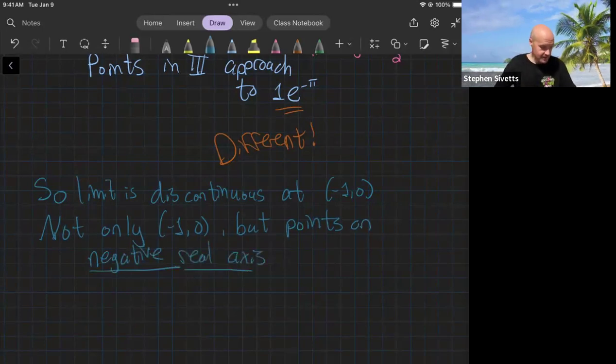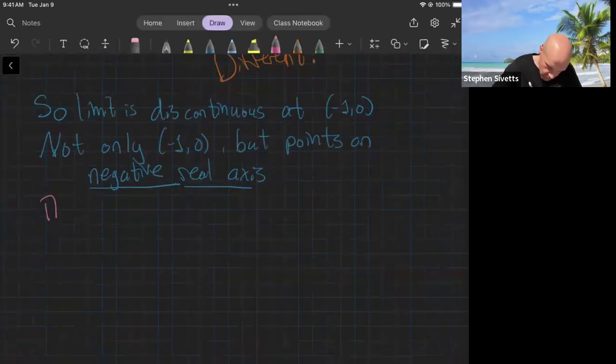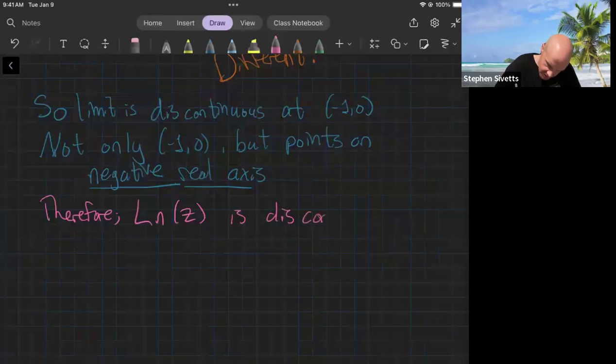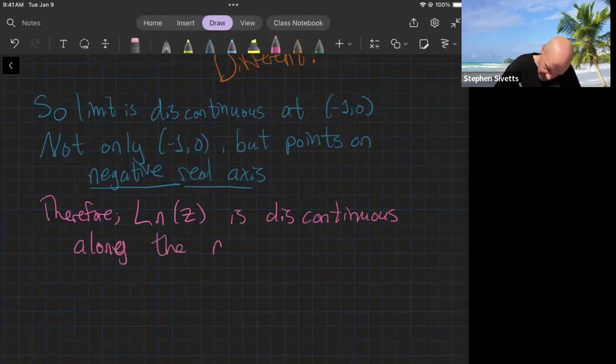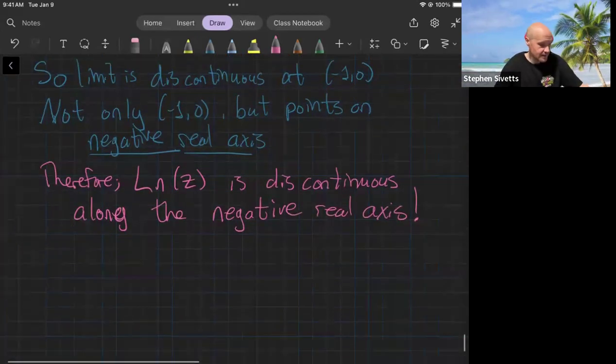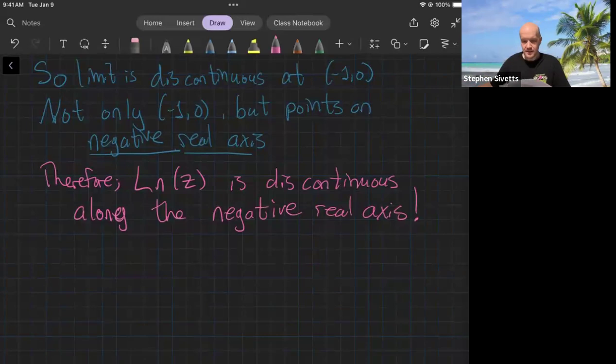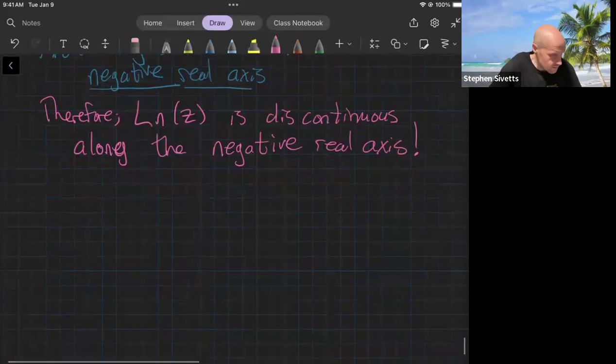So therefore, the principal logarithm of z is discontinuous along the negative real axis. So that means a derivative does not even exist at that point, right? A derivative for the natural log of z does not exist at that point.